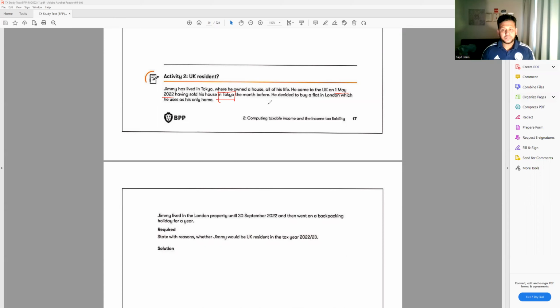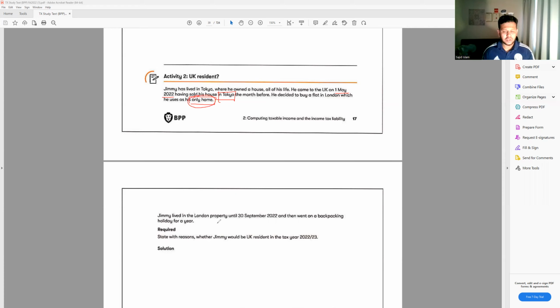The month before, he decided to buy a flat in London, which he used as his only home. That means he has 1 tie here. He doesn't have any home anymore in Tokyo because he sold it. And he now has only a home in the UK.